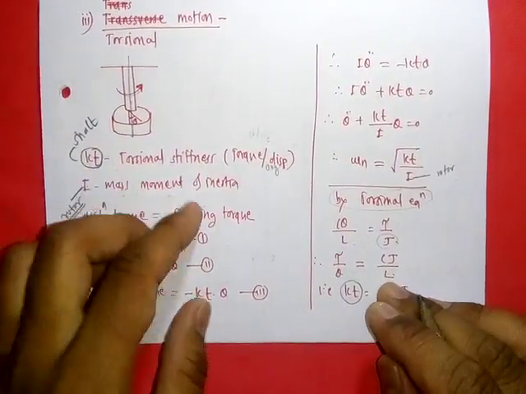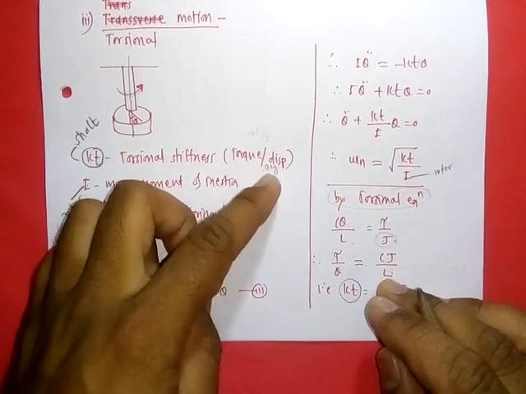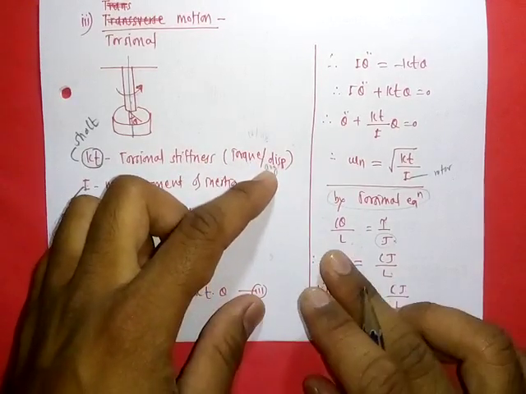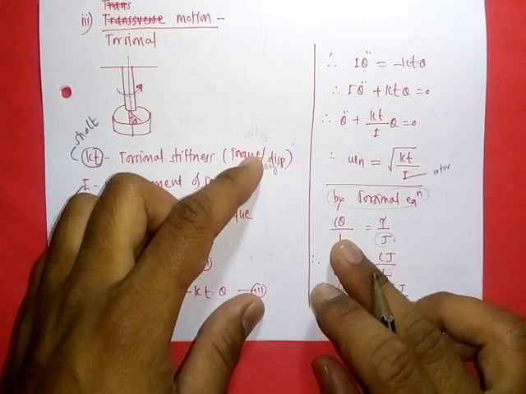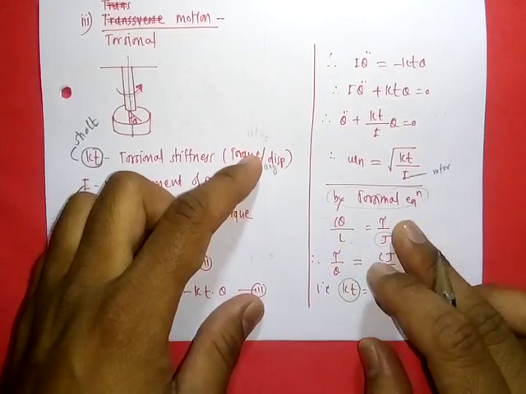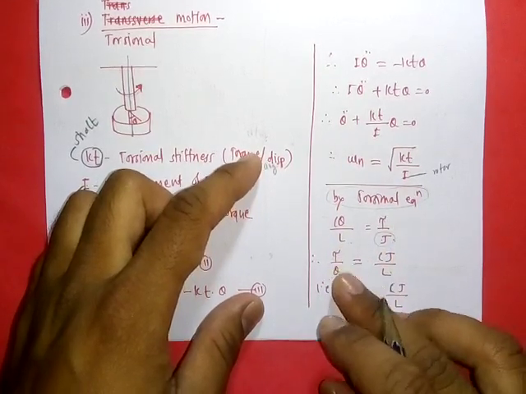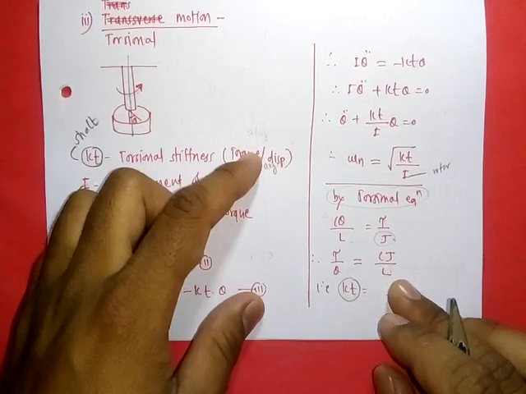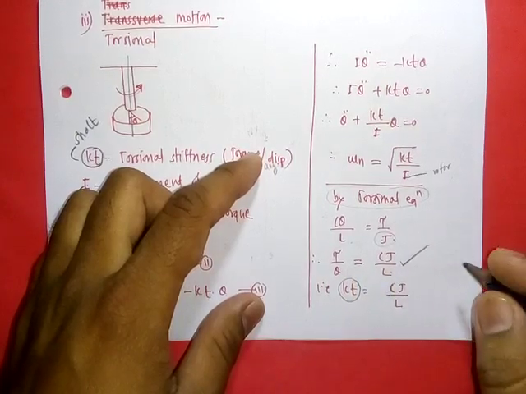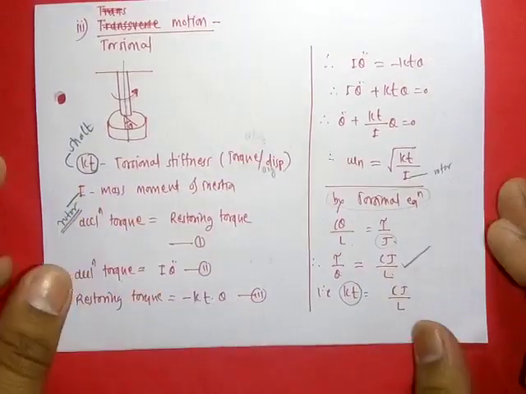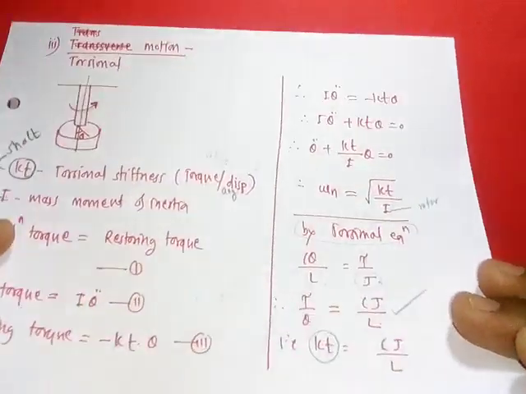So this is nothing but torque per unit deformation. By the torsional equation we have C theta upon L is equal to T upon J, so T upon theta is equal to CJ upon L. From this we can calculate torsional stiffness. So this is Newton's method for linear, transverse and torsional systems.